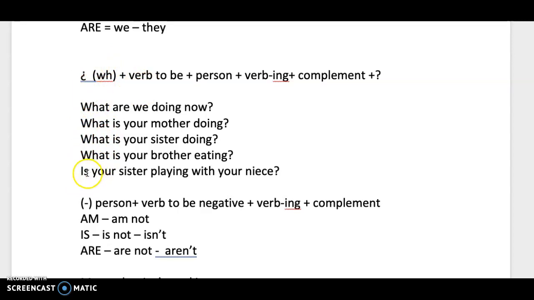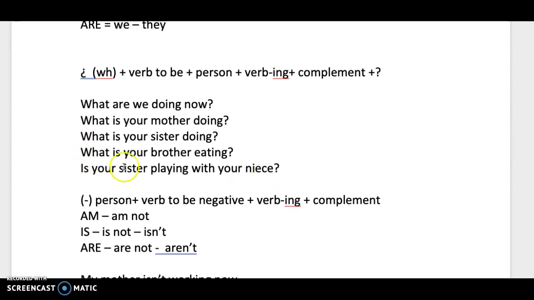For example, is your sister playing with your niece? Okay, ¿está tu hermana jugando, playing, con tu sobrina? Is your sister playing with your niece? So remember this structure for you to create questions with present continuous.